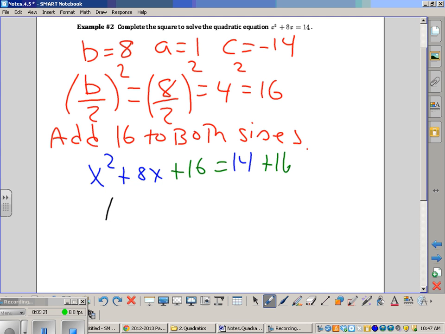So let's see. So this is going to be x plus 4 squared equals 30. That's almost in the proper form. So next, what did it say to do? Solve. So we actually want to take the square root of both sides.